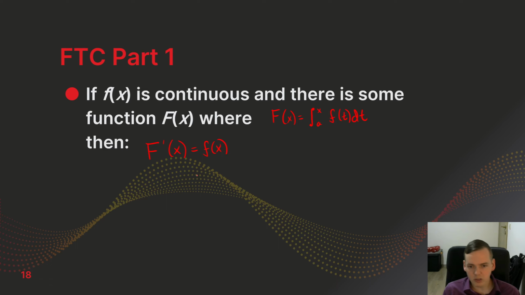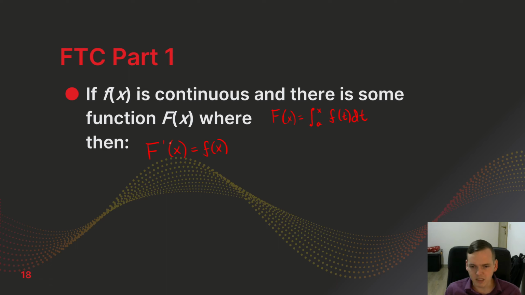So in other words, all this is saying is if you integrate a function and then you take the derivative of whatever you got, you get back the original function. Ish. There's some nuance here that we'll get to.